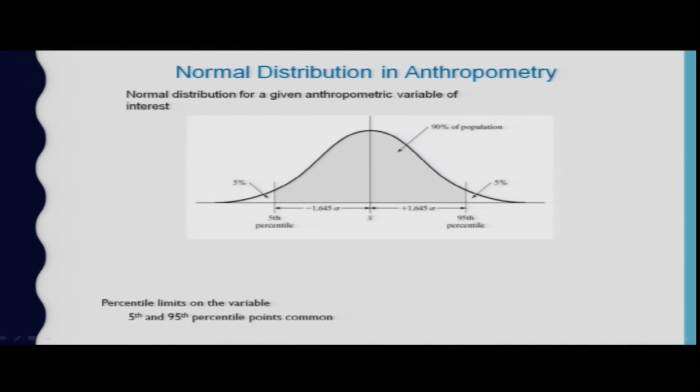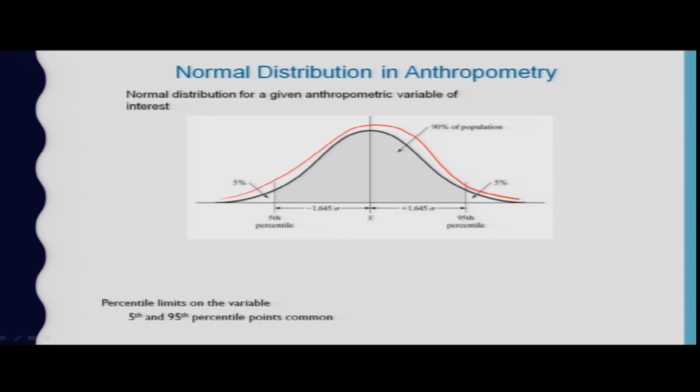Now this is the normal distribution representation, where you can see the nature of the curve, and the formulas with which we can calculate the mean and standard deviation, which I am writing here.